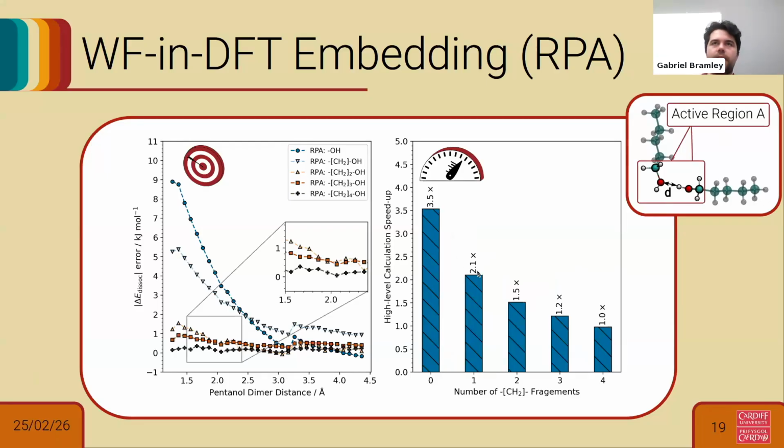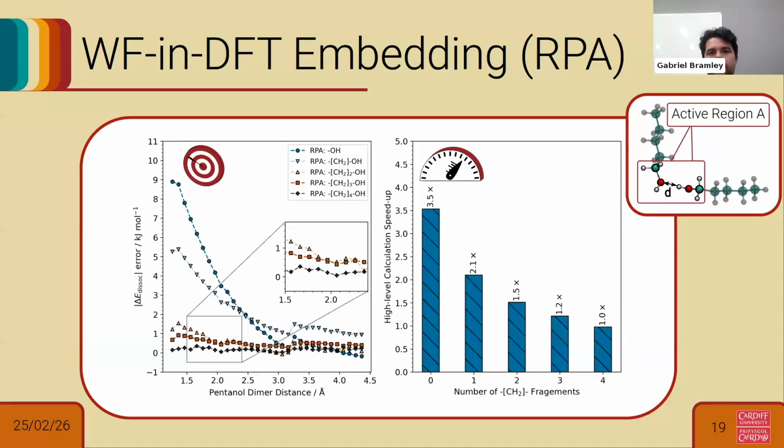This is not necessarily the case with GGAs and hybrid functionals, mostly because you're still performing integrations across those basis sites in the original implementation of QM in QM embedding. Whereas with RPA, when you decrease the size of the active region, you're increasing the size of the virtual orbital subspace at the expense of the occupied subspace.